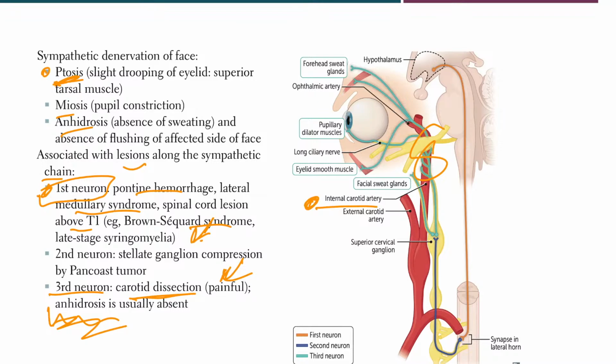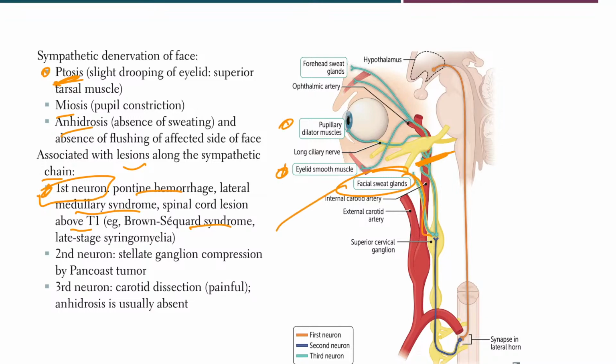If you take a look, these fibers are already going before they can actually reach this. So if we have an aneurysm or dissection here, you're knocking out your muscles and not the facial sweat gland. So anhidrosis is absent.